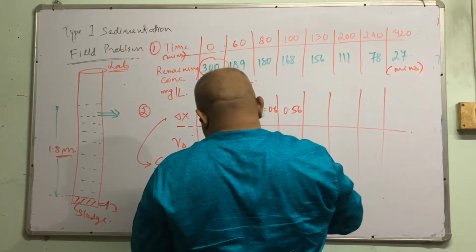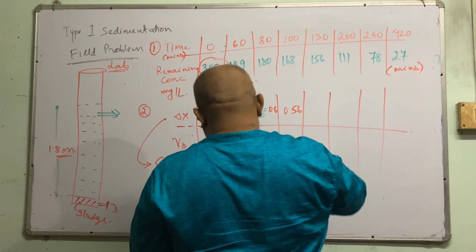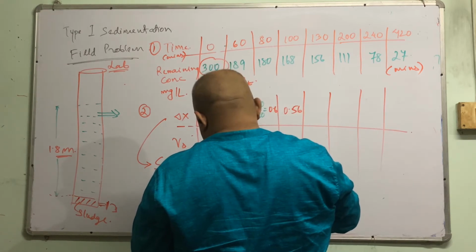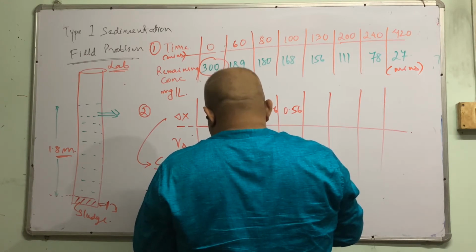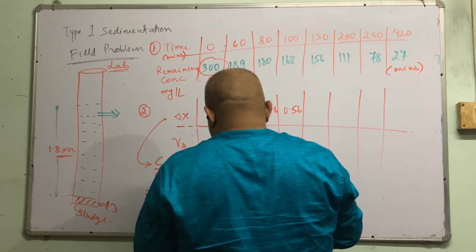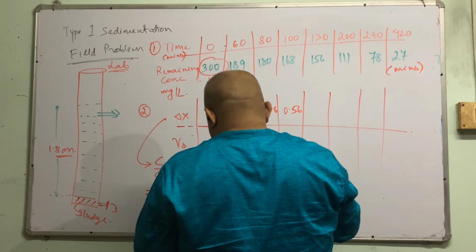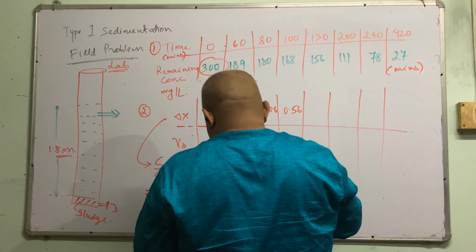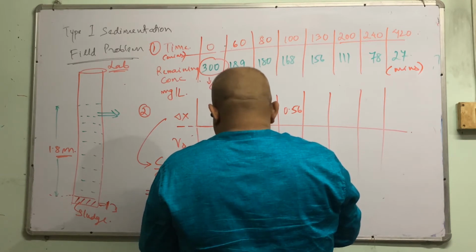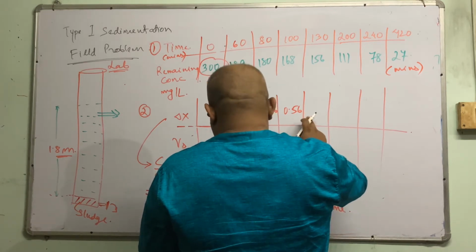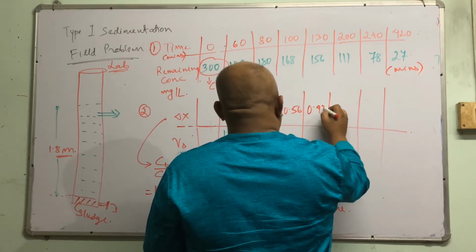Total 130, 130 divided by 300, this is 0.43. The textbook is wrong.